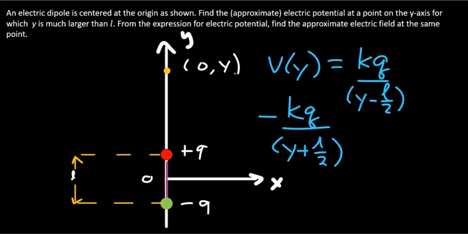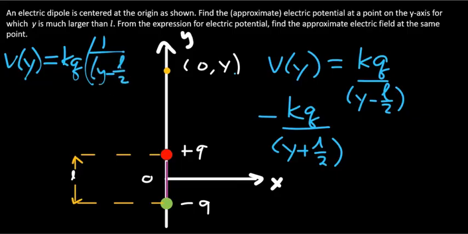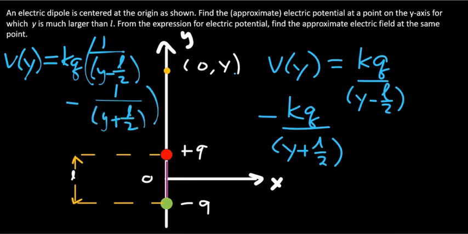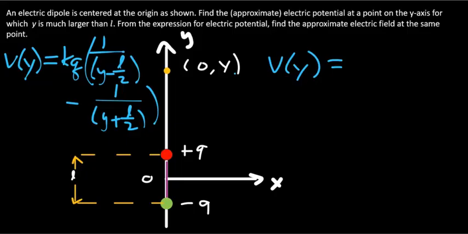So let's simplify this expression for V. So V at point y equals kq times 1 over y minus L over 2, minus 1 over y plus L over 2. So let's make the denominator of the fractions the same.